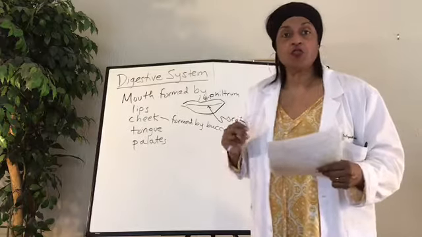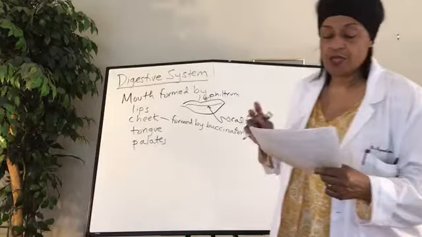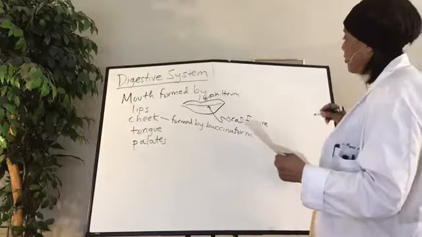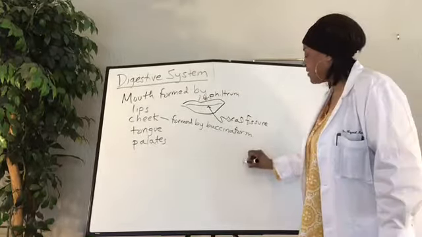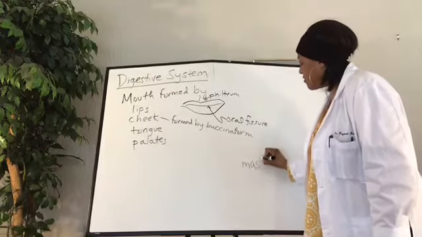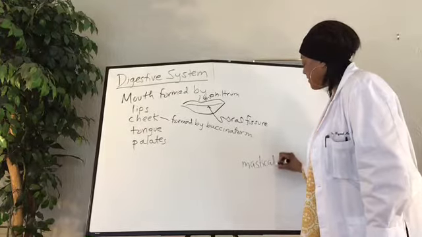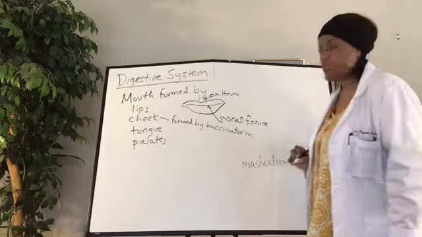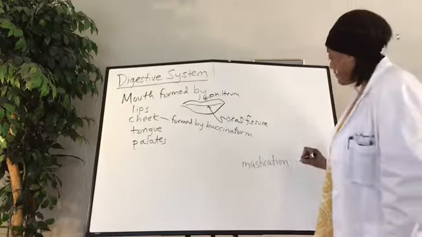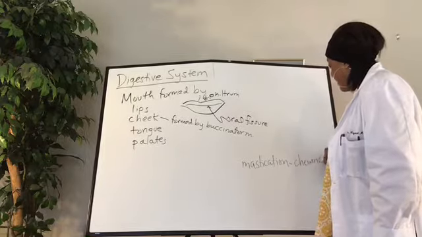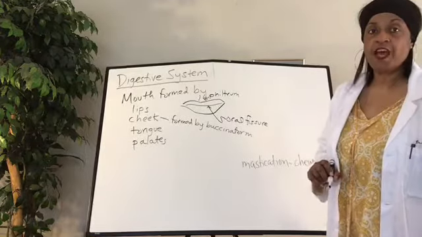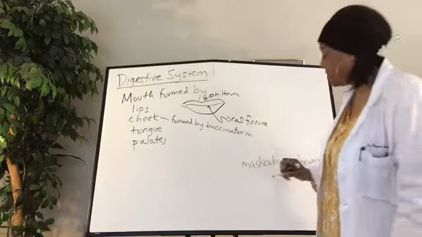So I know I just introduced two more words to you, so let's write them down, because you're going to hear them again, and I will go into more detail about these words. The first one I used was mastication. And we said mastication means chewing. All right, it's a fancy word for chewing. The other word I mentioned was deglutition.